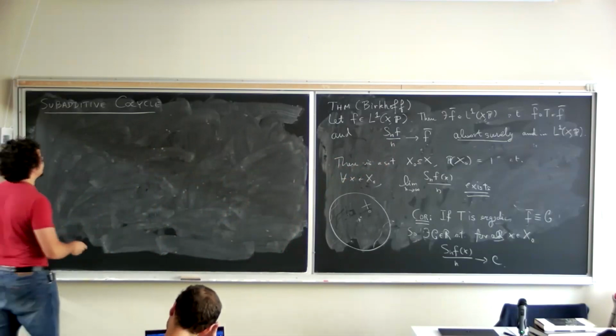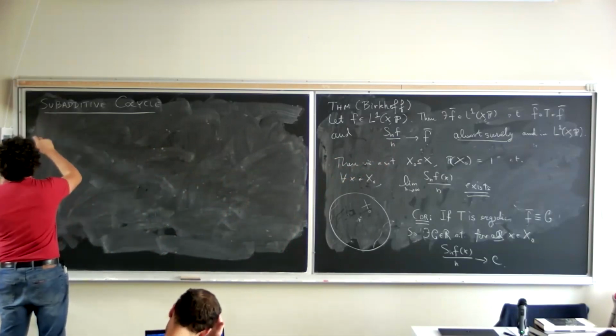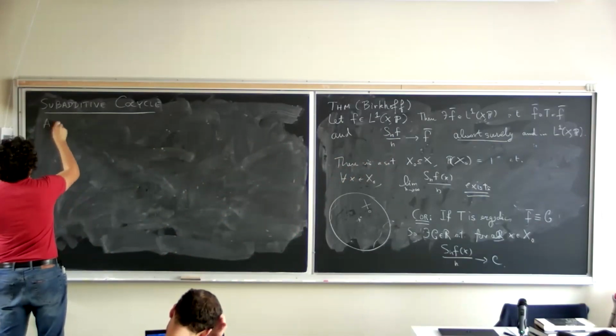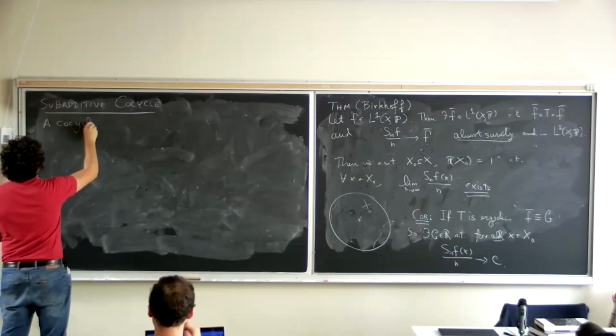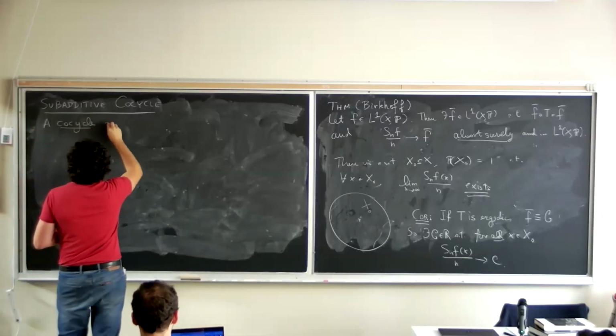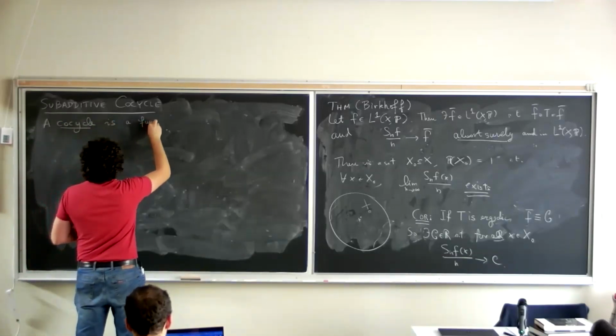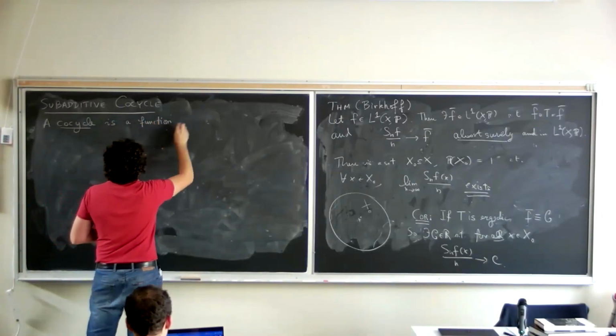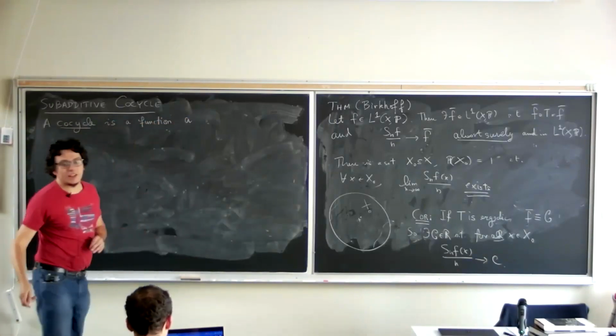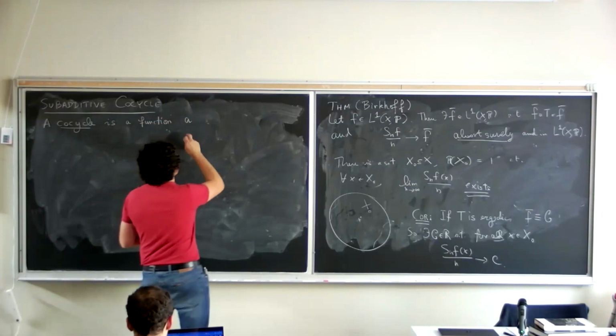What is a cocycle? Well, it is a function that traditionally we denote by A instead of f, but kind of plays the role of that.